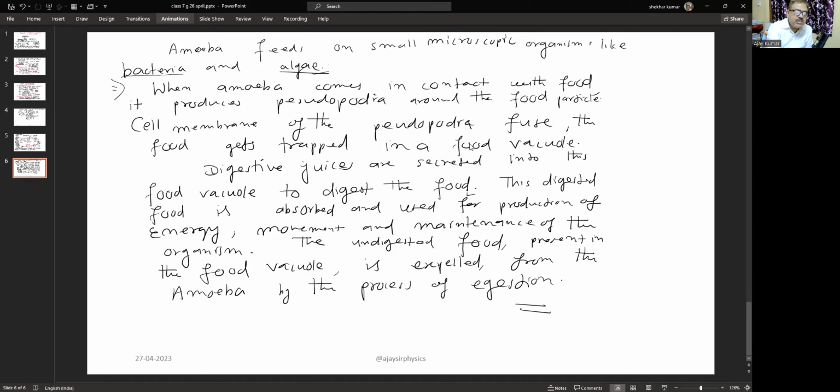There are some key points after knowing the nutrition. You will revise, and you should write your name with the class.